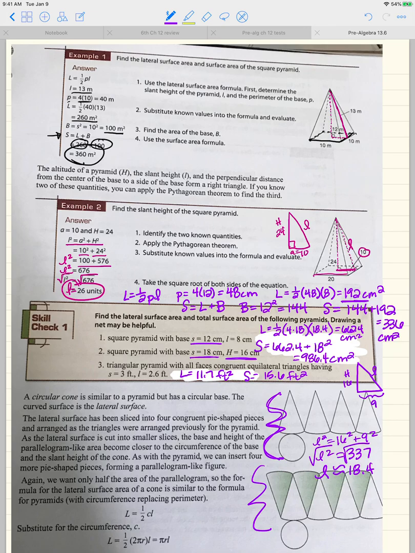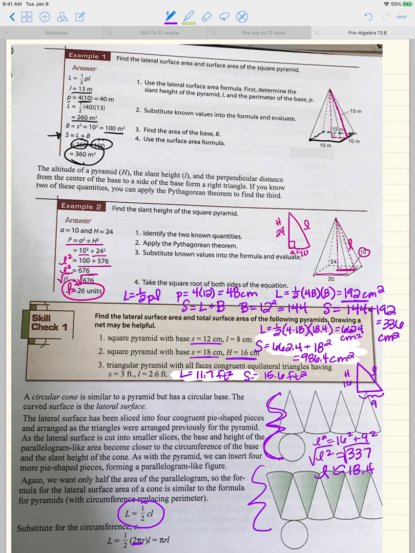So the formula for the lateral surface area of a cone is similar to the formula for pyramids, with circumference replacing perimeter. Lateral surface area is equal to 1/2 times the circumference times the slant height. Substitute for the circumference: circumference is 2 pi r.